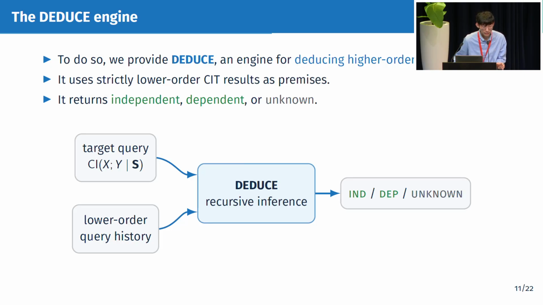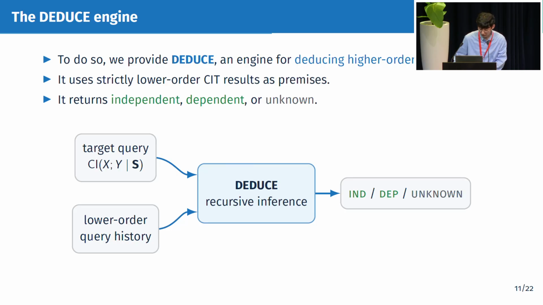To do this, we provide Deduce, a logical inference engine for deducing higher-order conditional independence outcomes. Its input is a target conditional independence query together with the query history of strictly lower-order test results.